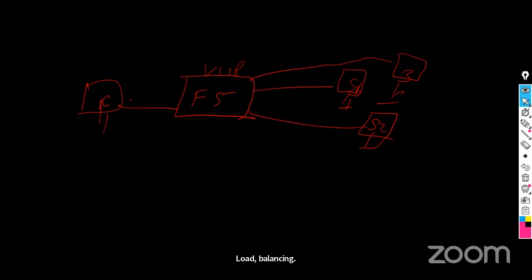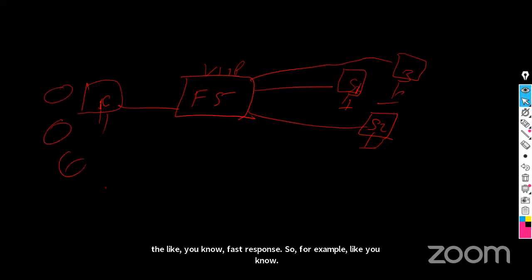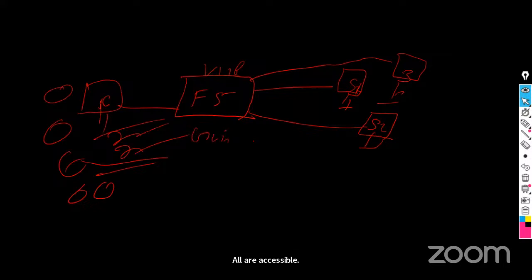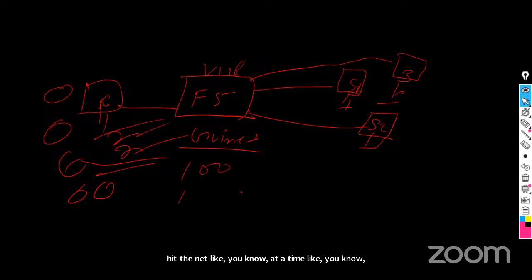For example, here we have loads of clients, all accessing, for example, GUI net. We don't know how many users hit GUI net at a time, maybe 100, maybe 1000, maybe 10, maybe 500.